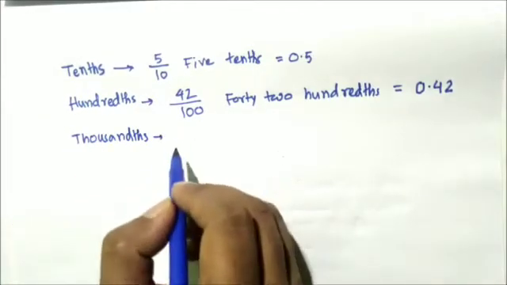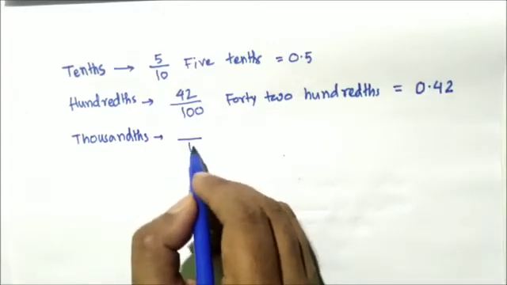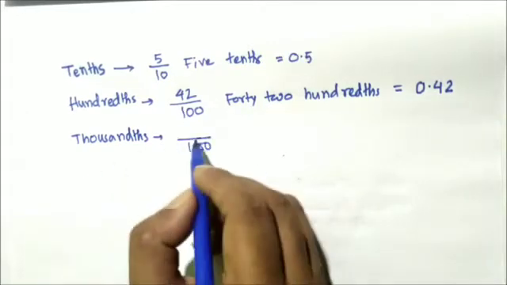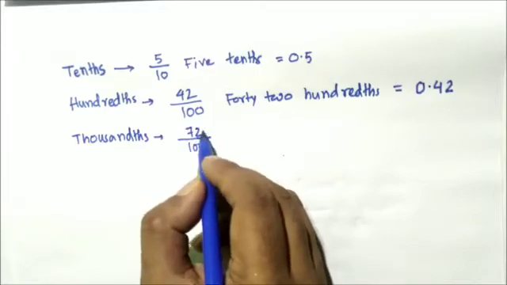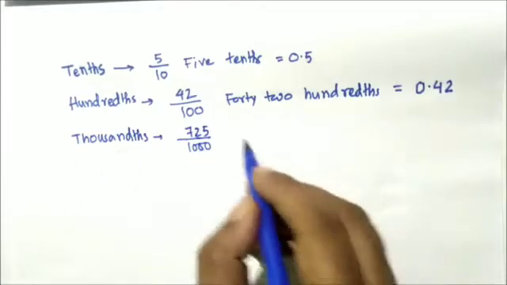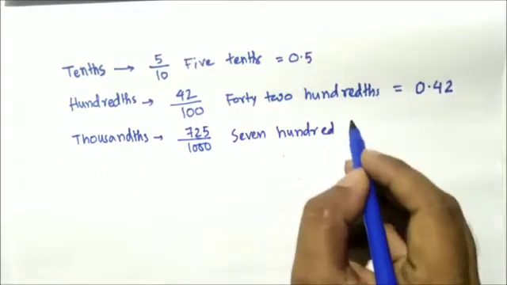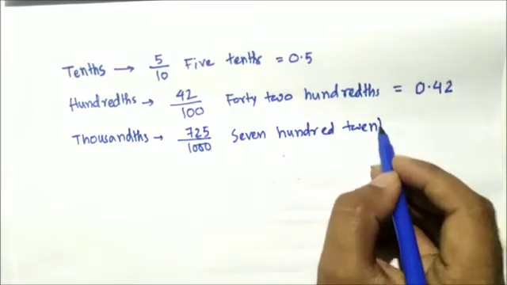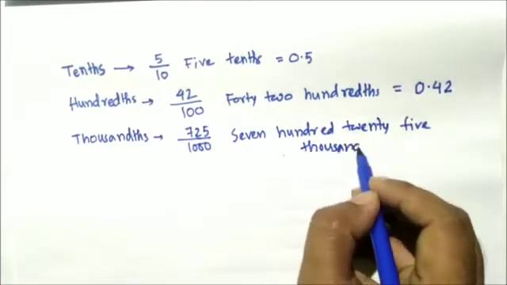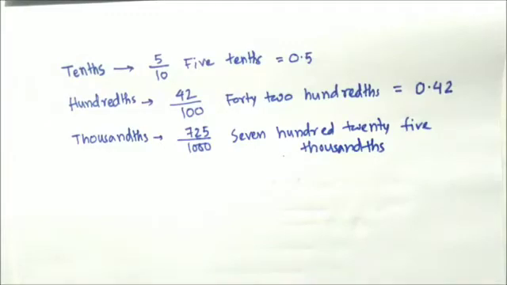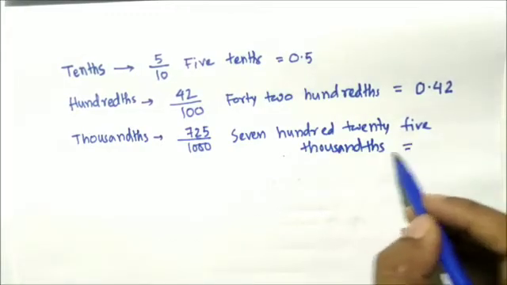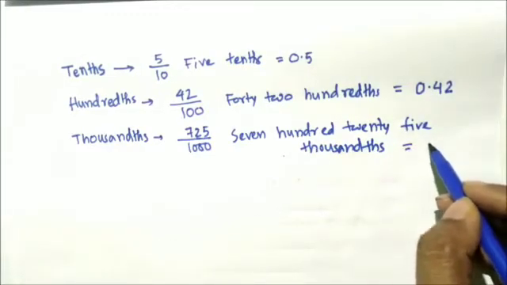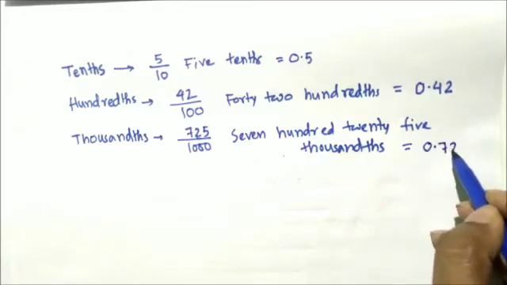Similarly, we do know what is 1000. Suppose you have 1000 boxes, and out of the 1000 boxes you have colored 725 boxes, so we can say we have 725 thousandths. Okay, and it can also be written in the form of a decimal as 0.725. Did you remember?